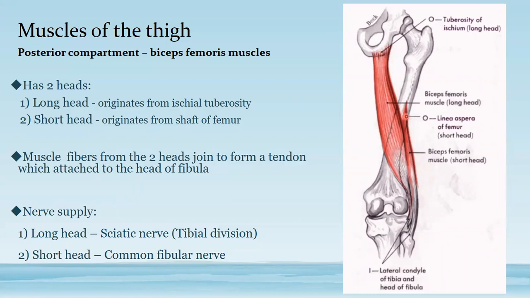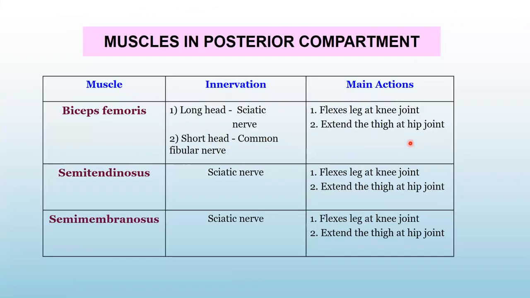The muscle fibers from the two heads join to form a tendon, which attaches at the head of the fibula. The innervation for the long head is by the sciatic nerve, and for the short head by the common fibular nerve. This is the table for the muscles' innervation and their main actions.